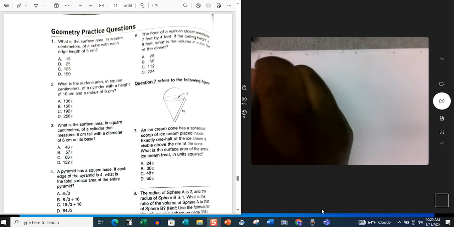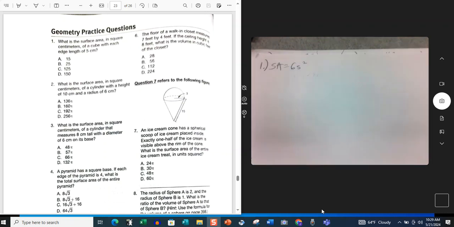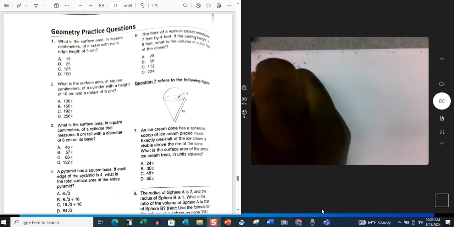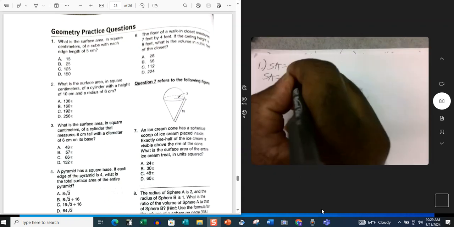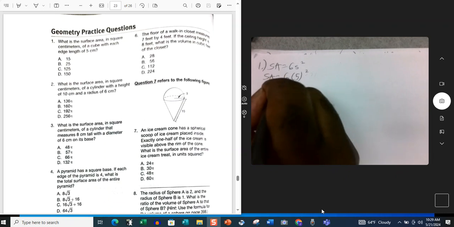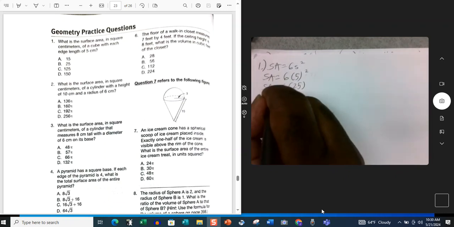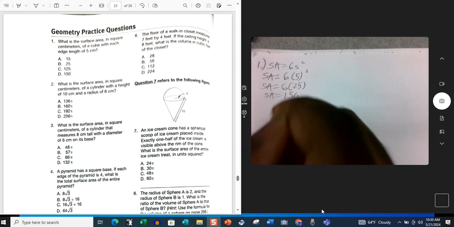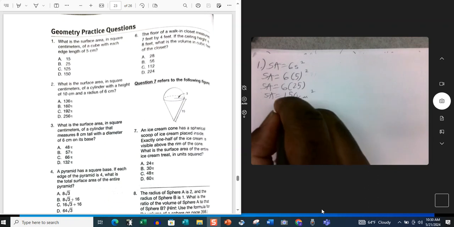The surface area is equal to 6 times side squared. So we have surface area is equal to 6. They tell us here the side is 5, and that's to the second power. So the surface area is 6 times 25, and the surface area is 150 square centimeters, which happens to be D.